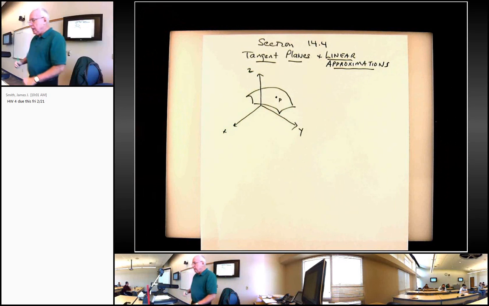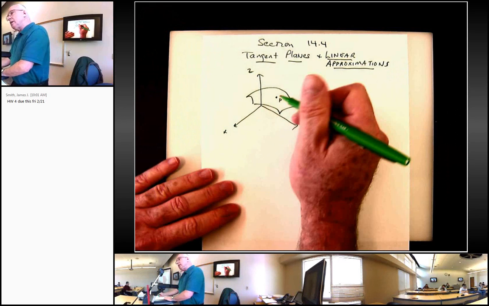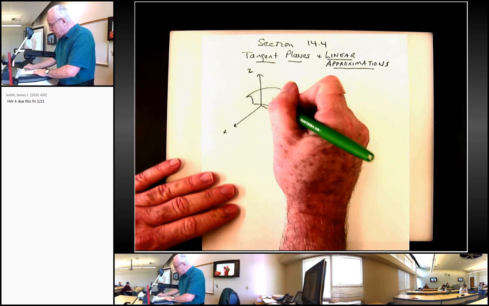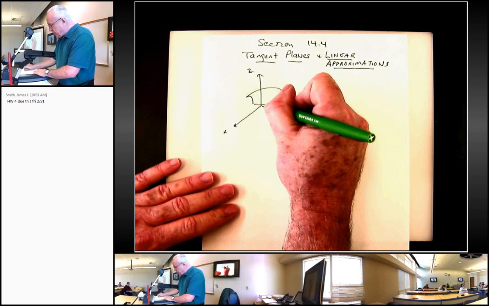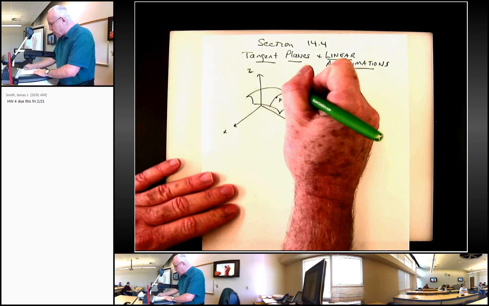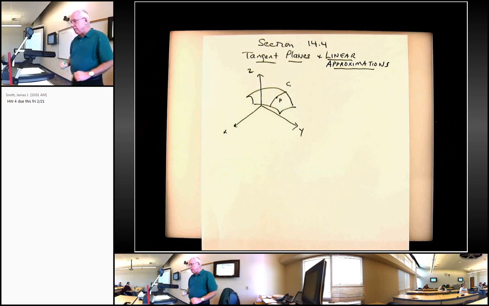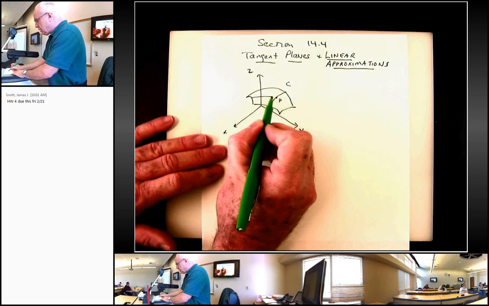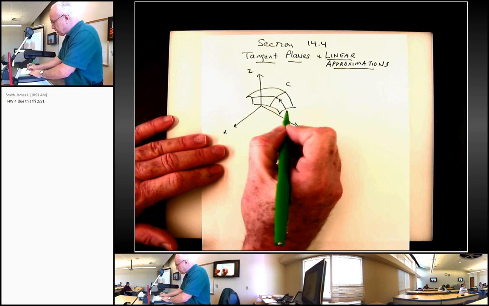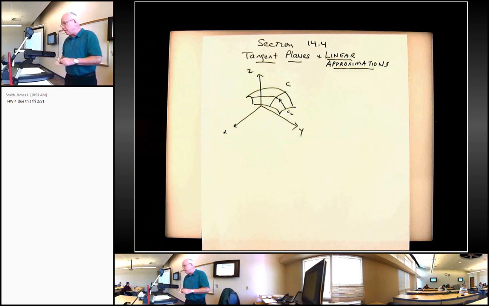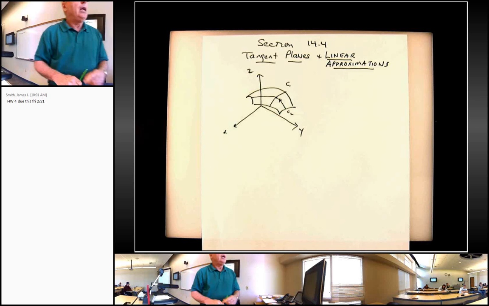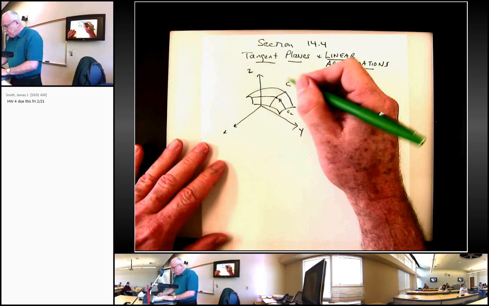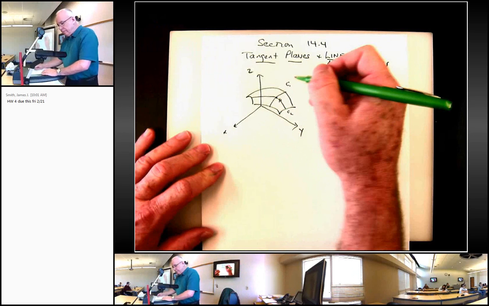Now, we can cut this surface in 2 ways. We can cut it along the x direction, and that'll give us a curve along our surface. We can call that curve C1. We can also cut our surface along the y direction, going through the point, and that'll give us a curve that we can call C2. And then each one of these curves basically has a tangent line.